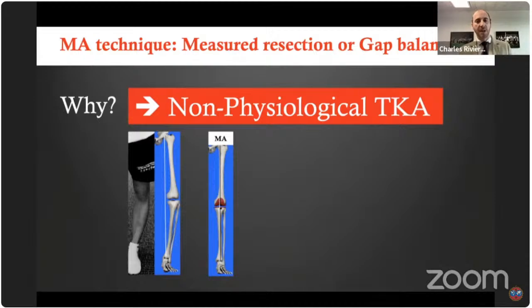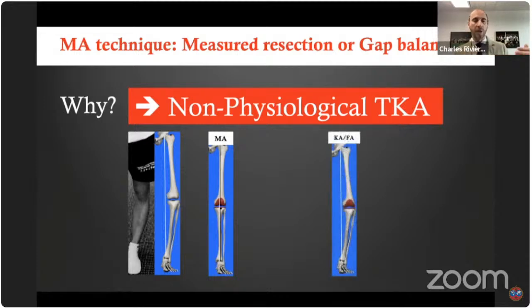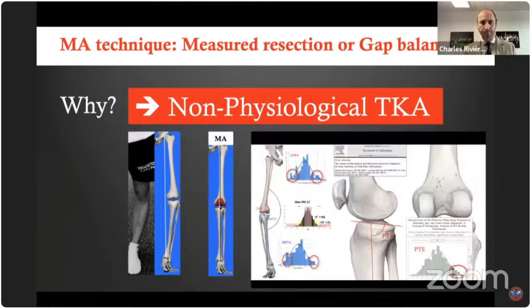It's because MA TKA is not physiological, okay? You can see on the left side the constitutional limb alignment with the constitutional varus. So when you do MA TKA, you align the knee and you try to balance the knee as well. So clearly it's not physiological. It is not what we call a kinematically aligned TKA.